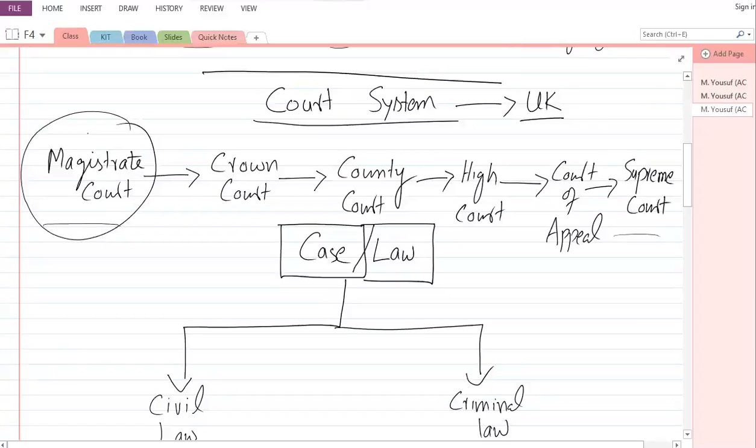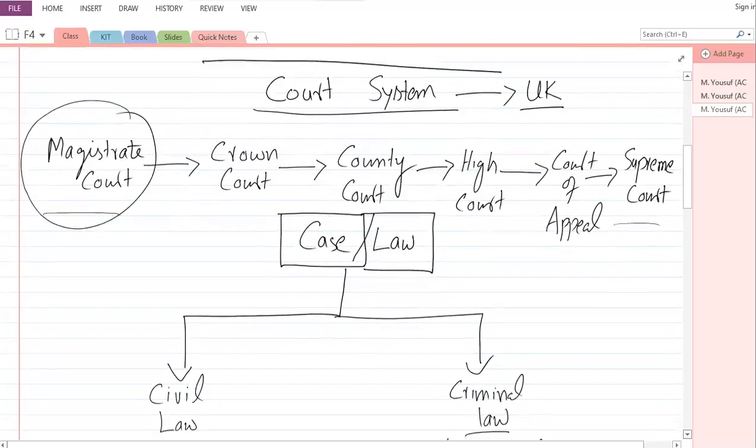Up until now we are able to differentiate between civil law and criminal law. So let's start with the magistrate court.